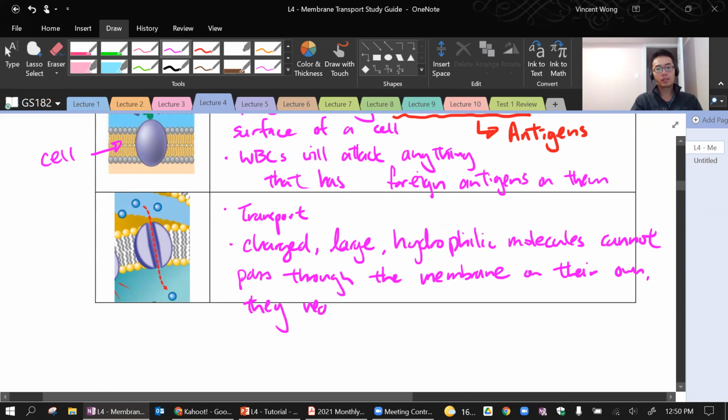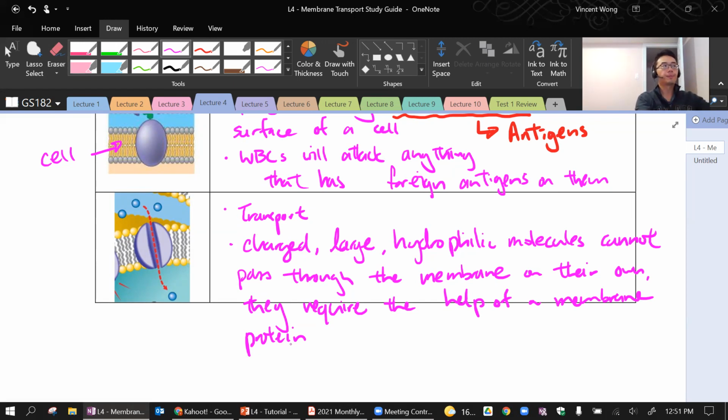They require the help of a membrane protein. Those are the functions of the membrane proteins.